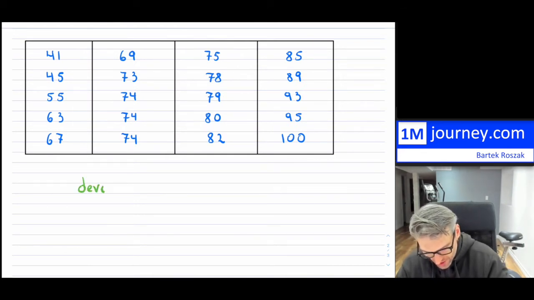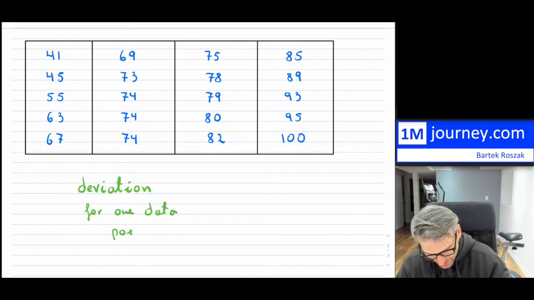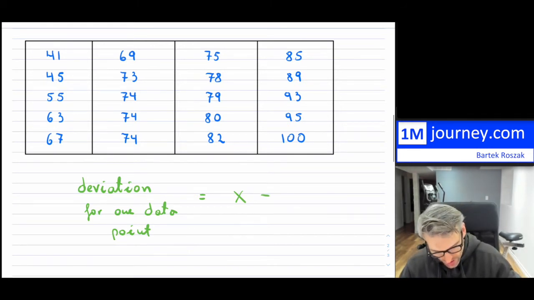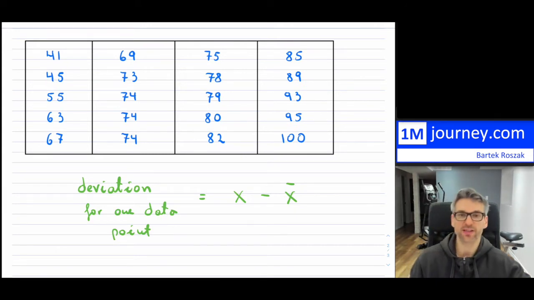The deviation for one data point is simply defined as, we take the data point that you have and you subtract the mean from it. And what that tells you is how far away you are from the mean.